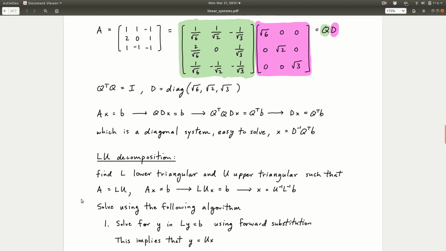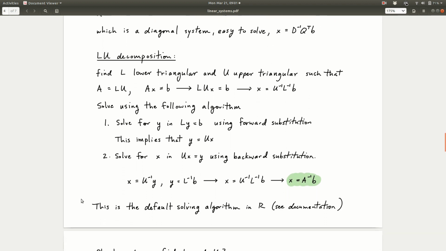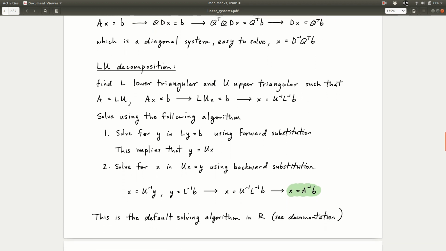All right, so the most important matrix decomposition for solving linear systems is called the LU decomposition. As you can guess, this means we're going to take our matrix A and decompose it into the product of two matrices L and U, such that L is lower triangular and U is upper triangular.